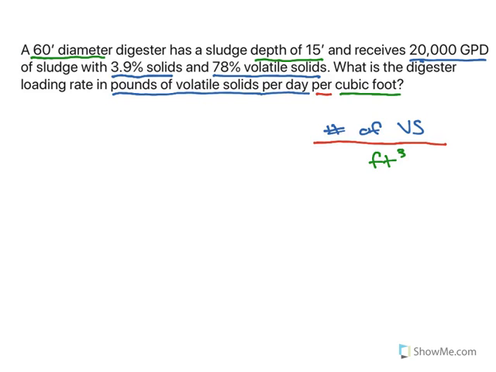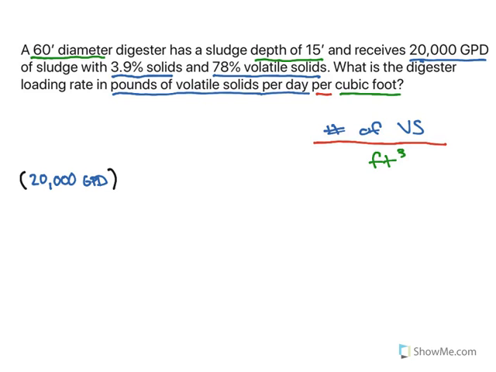We're going to start with pounds of volatile solids. So that equation is going to look like this. 20,000 gallons per day. Again, we're not given specific gravity, so we'll assume that the specific gravity is 1, or that the sludge has an equivalent mass to water.